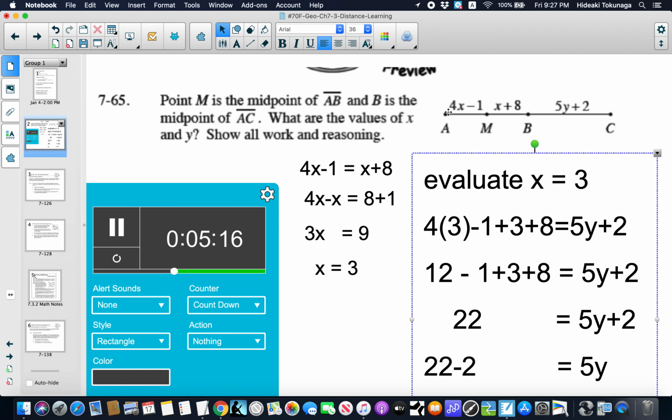So the distance from A to B is 22, and the distance from B to C is 22 as well. The midpoint of AB is M, so M must be 11 because you plug in 3: 4 times 3 minus 1 is 11, and 3 plus 8 is also 11. So that's it. We didn't need 10 minutes.